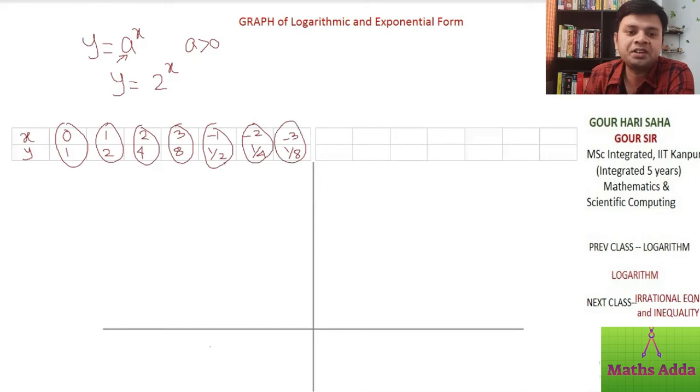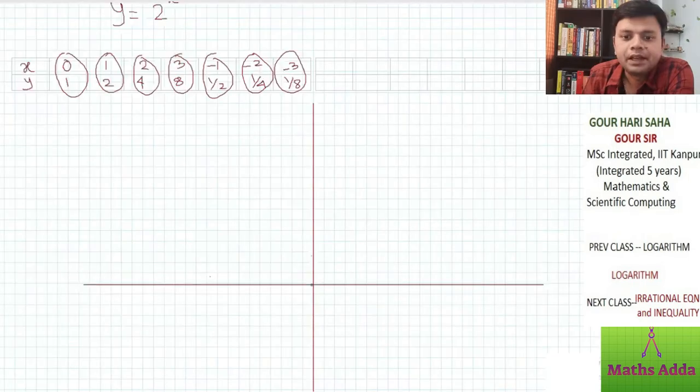Let's plot these points and then we will see how this graph looks. X equal to 0, y is equal to 1, this is the point. X equal to 1, y is equal to 2. X equal to 2, y is equal to 4, so this is the point. X equal to 3, y is equal to 8, so this is. If I take x equal to 4, it will be 16.